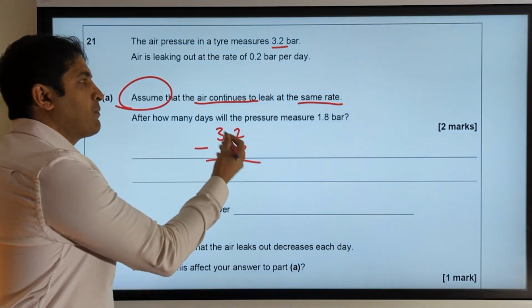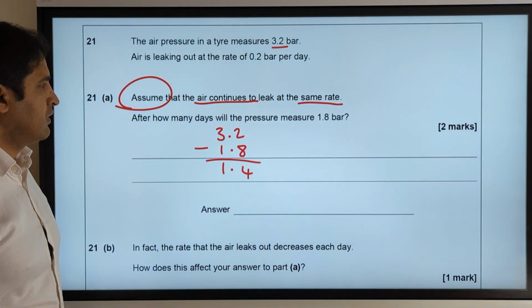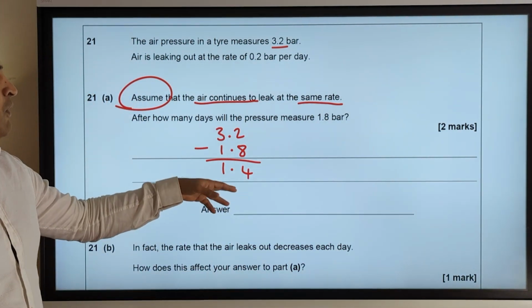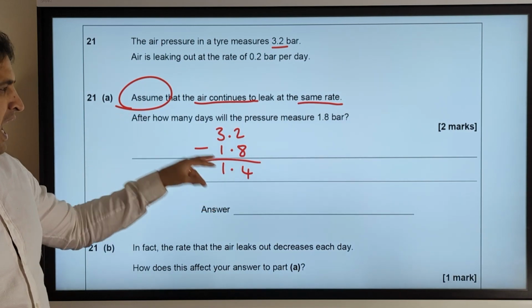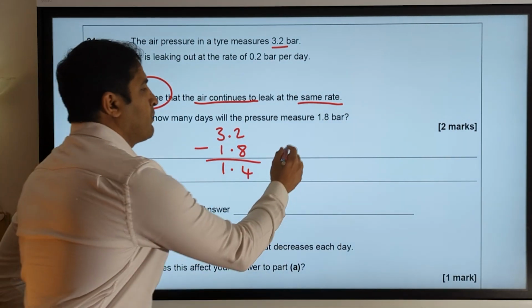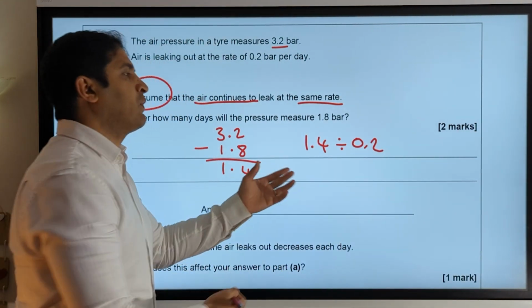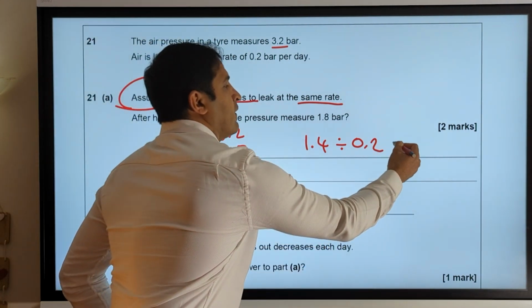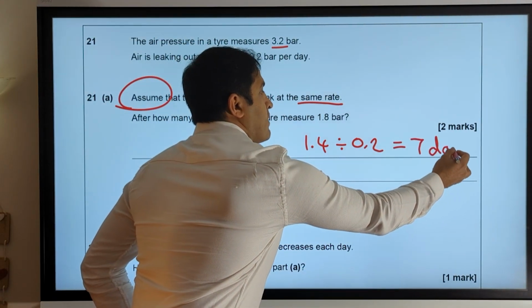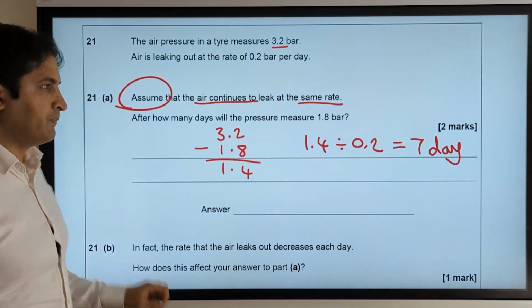The pressure drop is 1.4. Then how many days does it take to drop the pressure by 1.4? 1.4 divided by 0.2, or in other words 14 divided by 2, which is 7. So it would take 7 days to drop from 3.2 to 1.8.